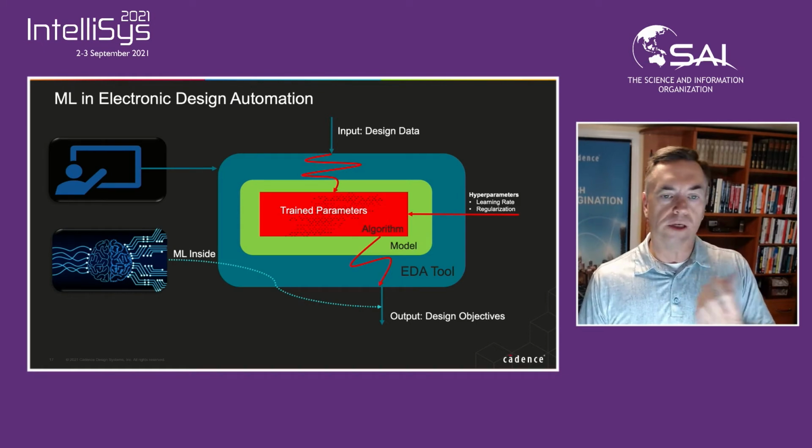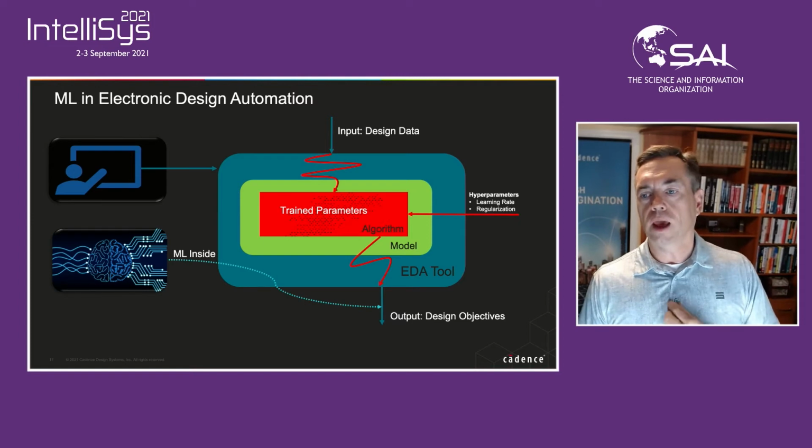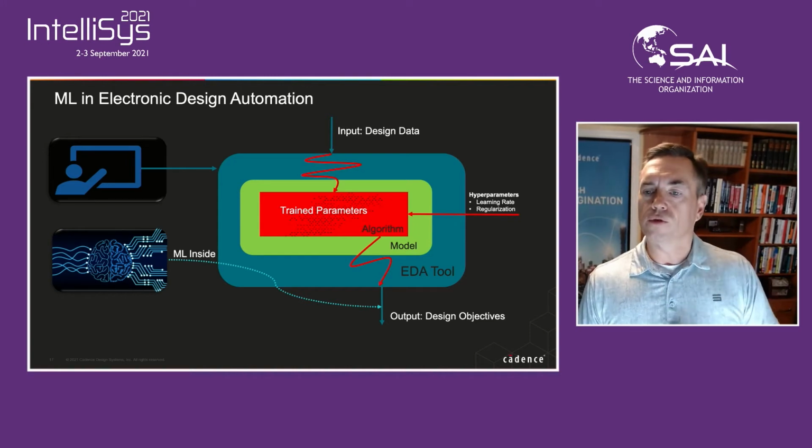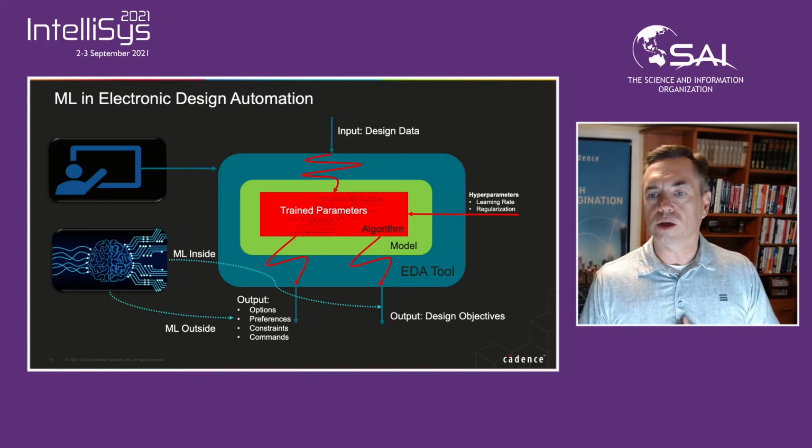It's in effect becoming an increased productivity that the user sees, but the user may or may not be aware that actually a trained neural network is doing that and it's supporting that within the algorithm. So that's hidden from the user, if you will. That's what we refer to as ML inside.